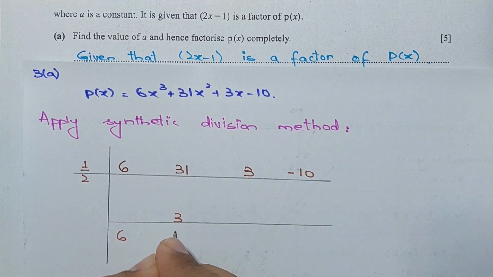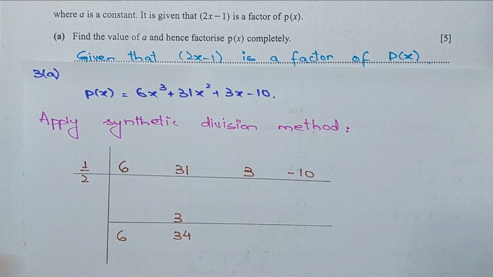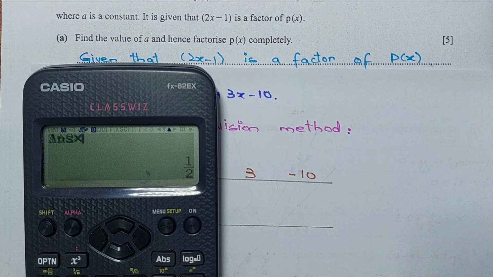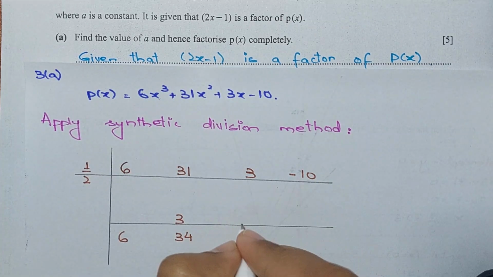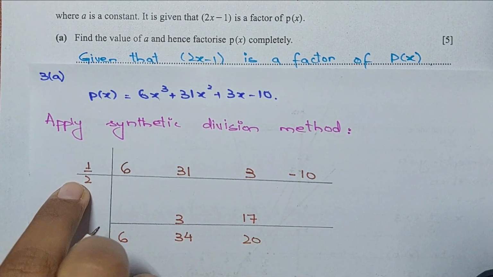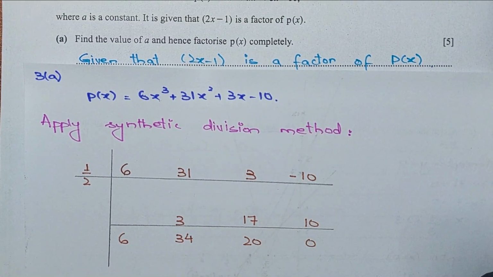31 plus 3 would be 34. And 1 by 2 multiplied by 34 would be 17. Over here, 17 added to 3 is 20. 1 by 2 multiplied by 20 is 10. And when 10 and minus 10 add up, it is just 0.